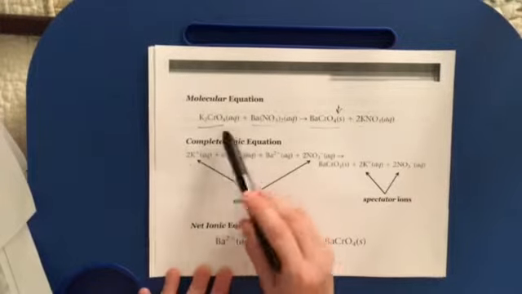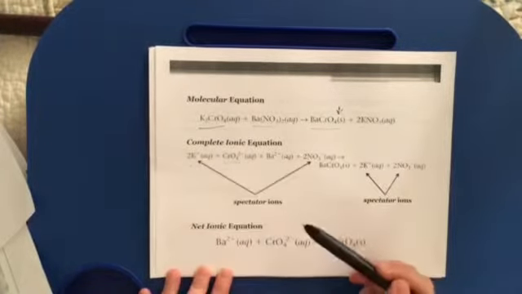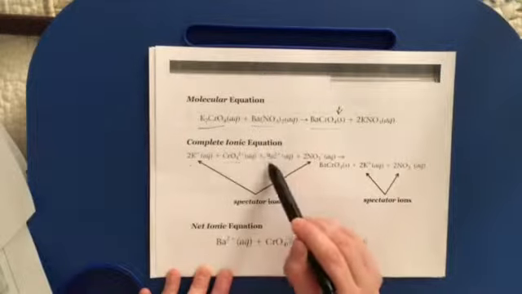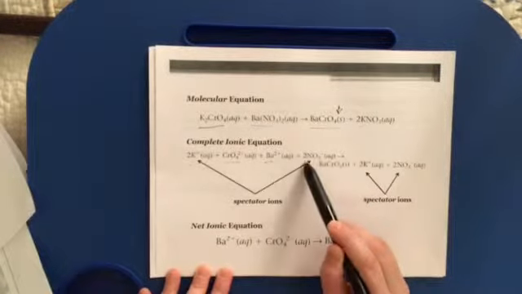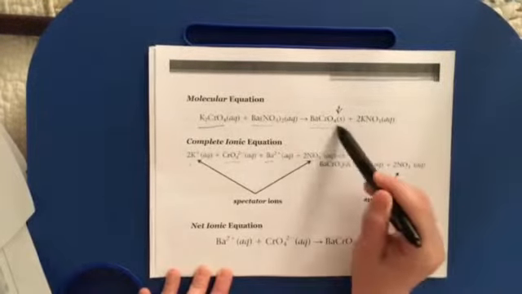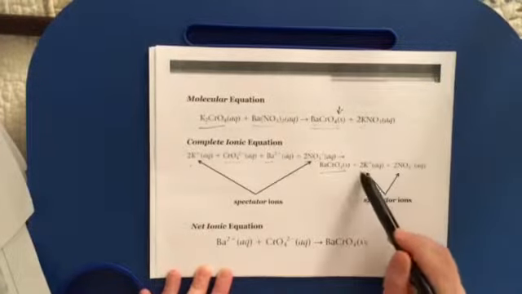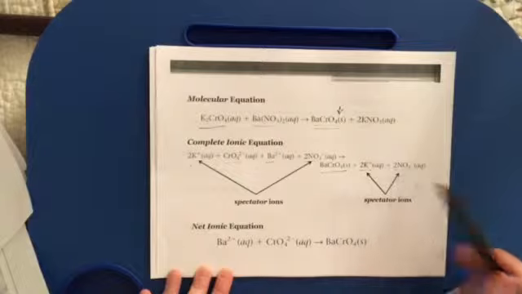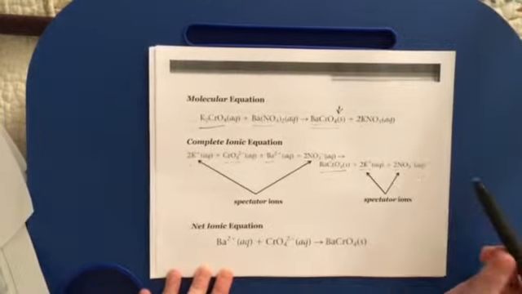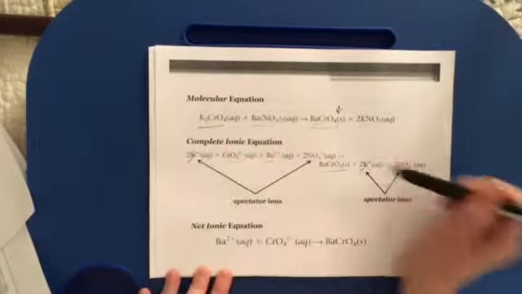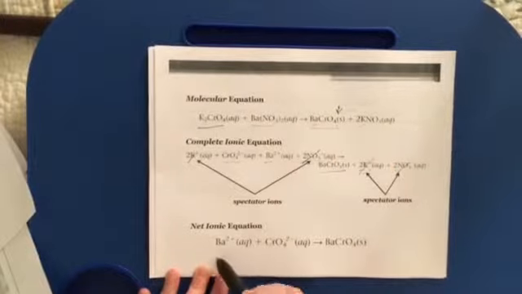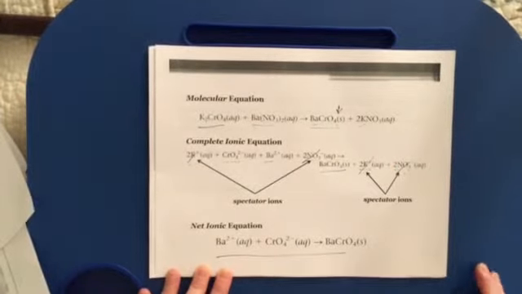So potassium, chromate, barium, we've got 2 nitrates. That forms barium chromate, which is a solid, so we don't break it up. Potassium and nitrate, 2 of those. These cancel. And this is your net ionic equation.